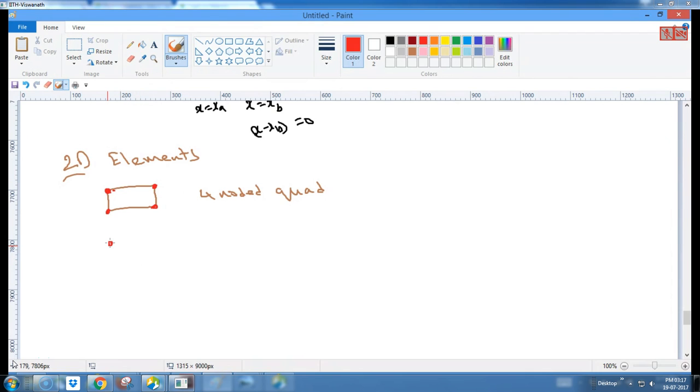Next one is the 9-noded. Let me first draw the nodes, and this is 9.